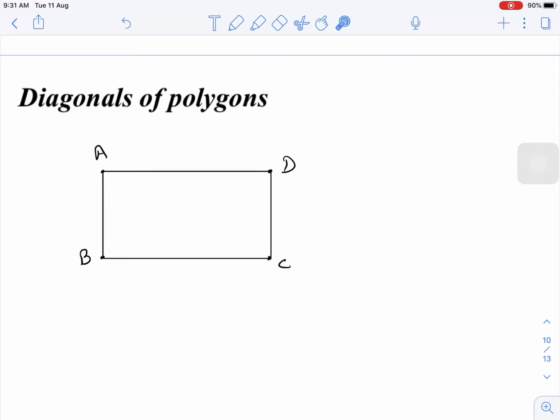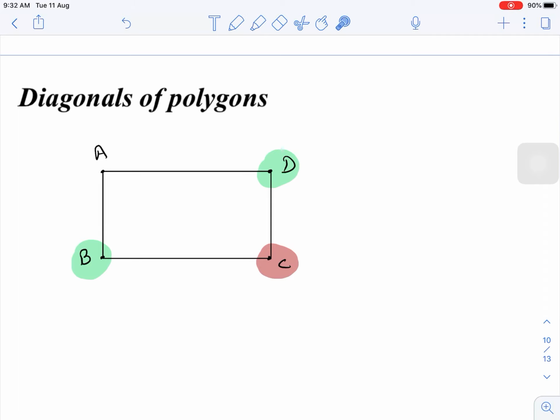Similarly, D is also a neighbor of A, so these two are also consecutive vertices. But C is not a neighbor of A, not consecutive, so we can say C is the opposite vertex of A. Let me highlight the consecutive vertices: B and D are consecutive, or neighboring, vertices, and this one is the opposite vertex.